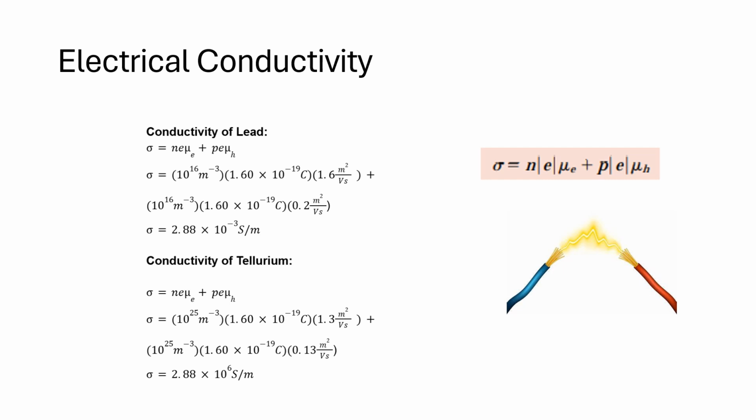For the conductivity of tellurium, using the same equation and the earlier results, we found it to be 2.88 times 10 to the 6 Siemens per meter.